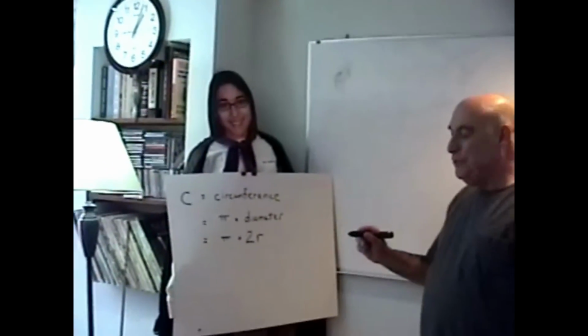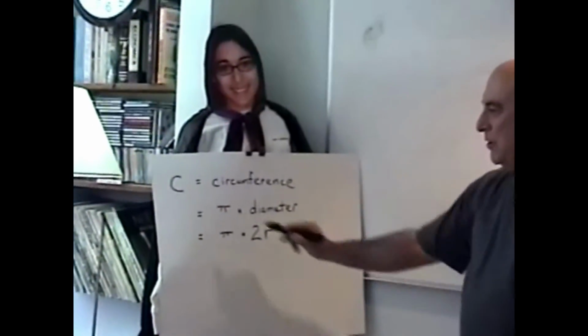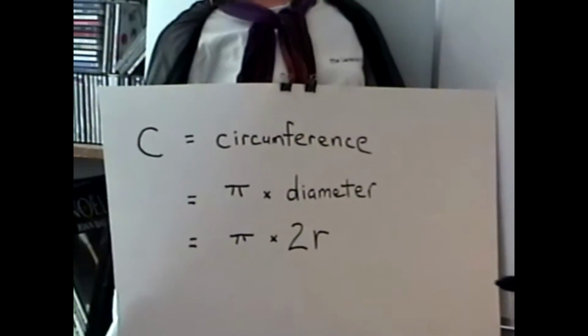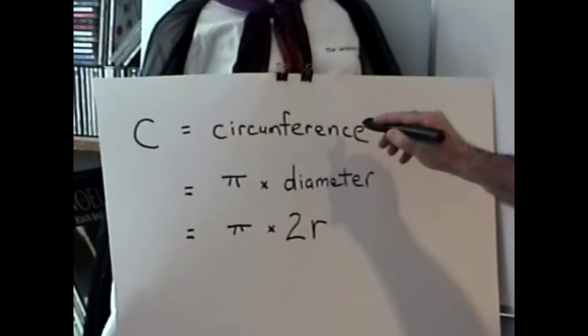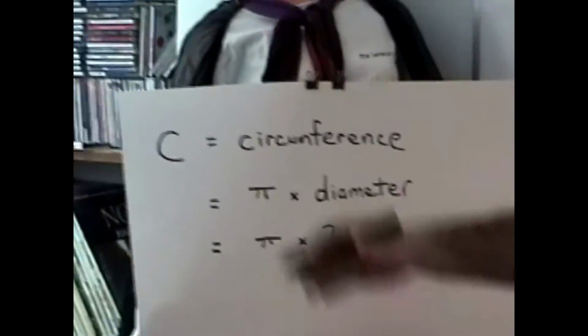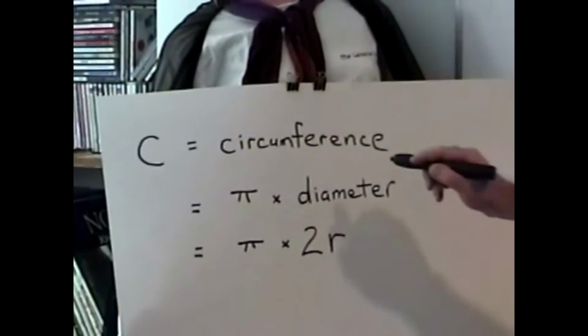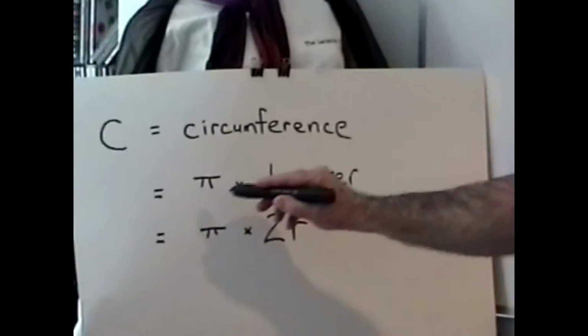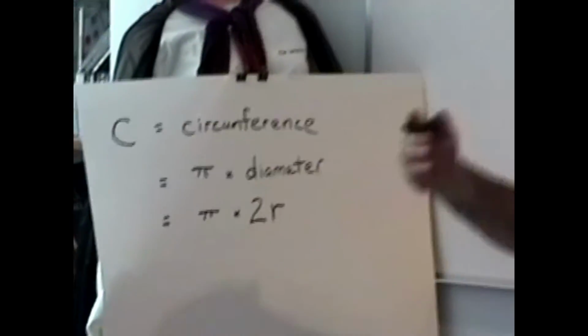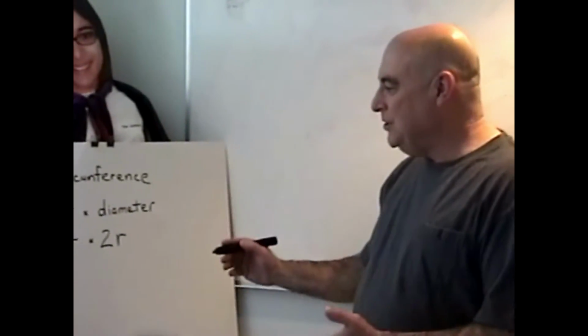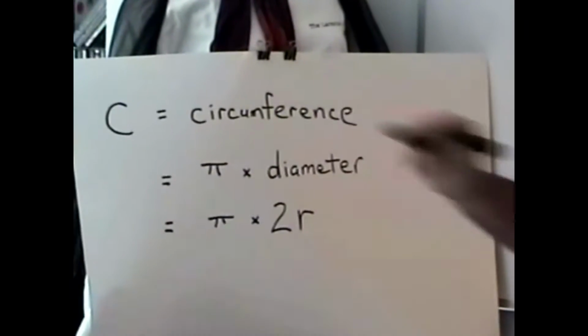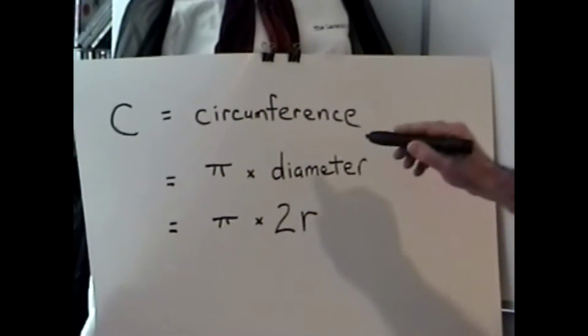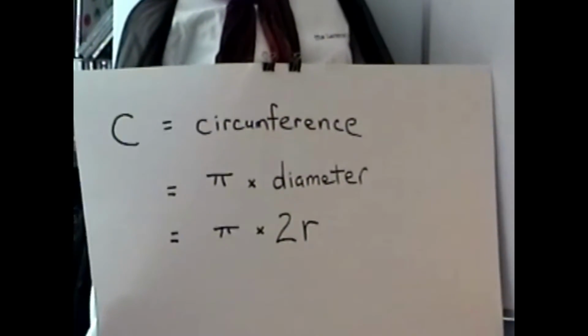Okay, we're going to review the parts of the circle now. We're going to use the letter C to represent the circumference of the circle, which is the distance around the circle. And the circumference is equal to the value of pi times the diameter, where the diameter is the distance across the circle. By definition, pi is the value that you multiply the diameter by to get the circumference.